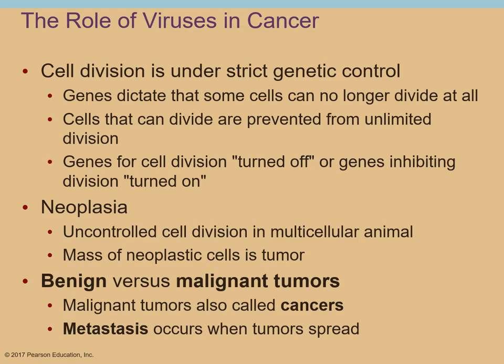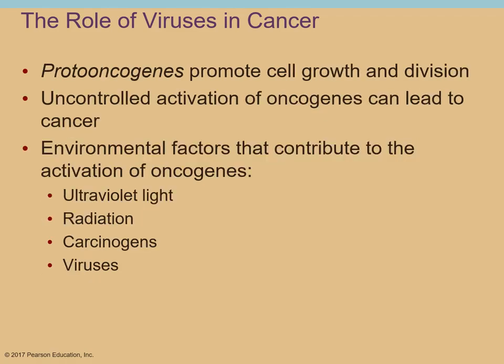Once again, if the regulatory genes are turned off and you have uncontrolled cell division occurring, then you end up with that mass of cells, which is a tumor, which can be either benign or malignant. Malignant tumors is what we usually refer to then as cancer. And if those tumors spread, if some of the cells break off and spread to another location, that is what we refer to as metastasis. Some of the cancer has metastasized.